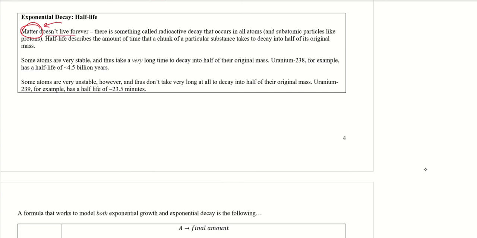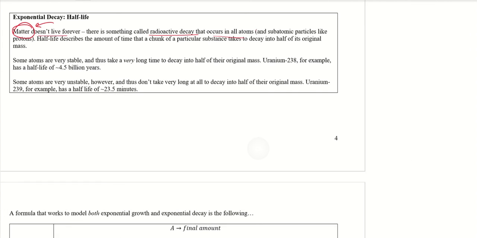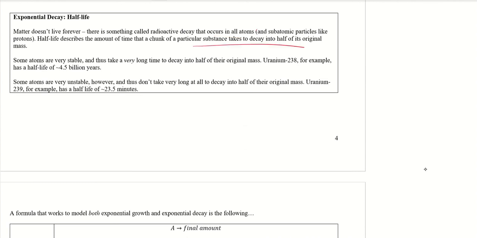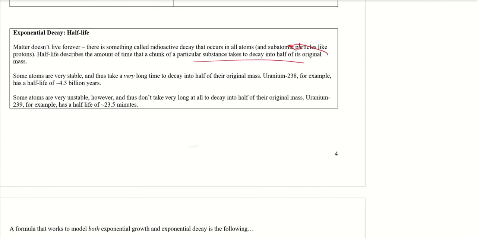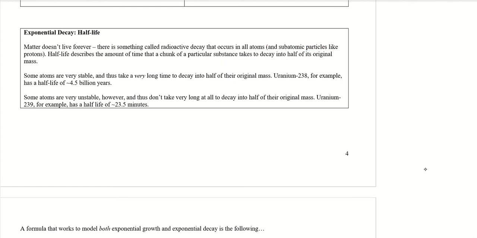So matter doesn't live forever. There's something called radioactive decay that occurs in all atoms and subatomic particles like protons. So even protons decay. It's just on the order of many billions of years. So half-life describes the amount of time that a chunk of a particular substance takes to decay into half of its original mass. So let's say you have a block of some substance.